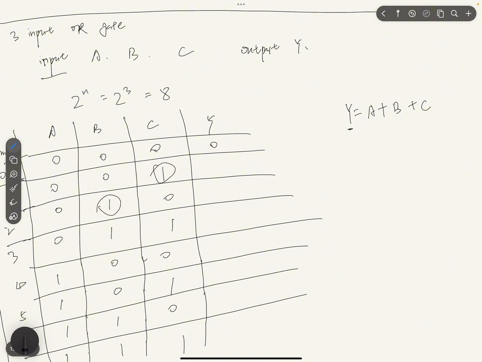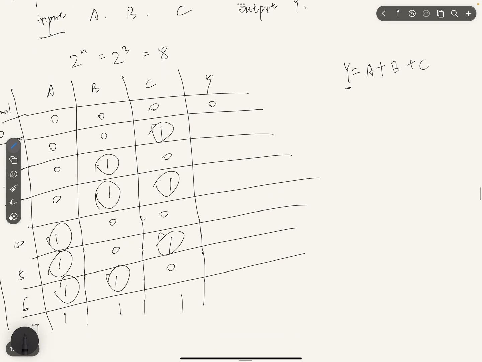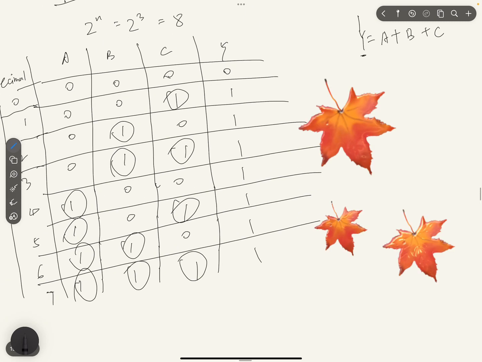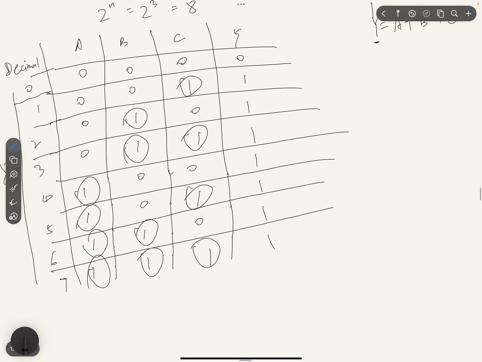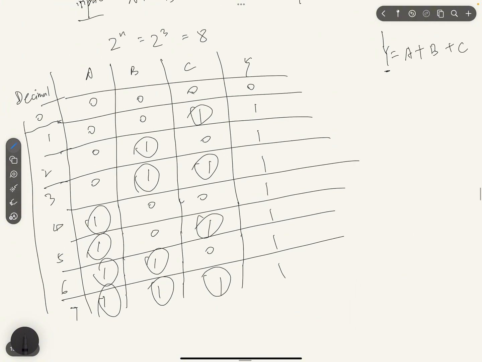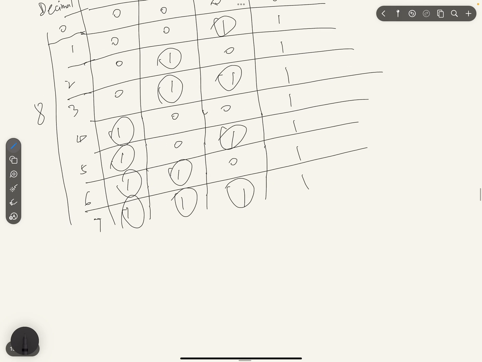When we see a one, that will give us the result one. Since it's addition, 1 plus 0 will give us 1. So whenever we have a 1, the truth table will be 1 for the output.